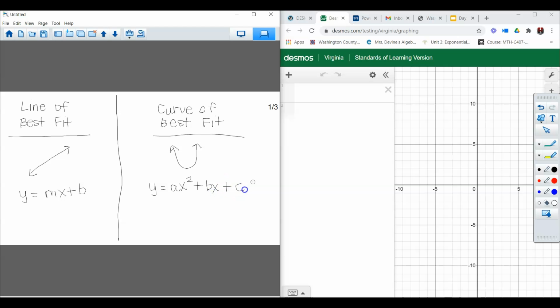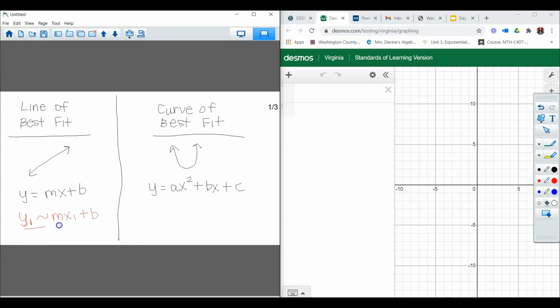Now, don't forget that when we type those two equations into Desmos, there are some changes that have to be made. The y and the x get 1s on them, so it's going to be y1 and then mx1 plus b. And then our equal sign becomes that little squiggle mark.